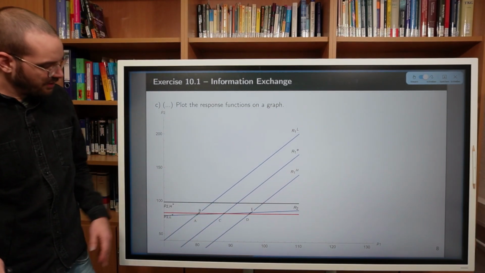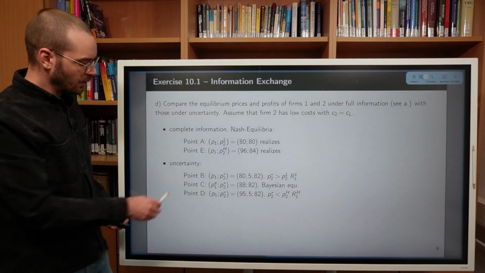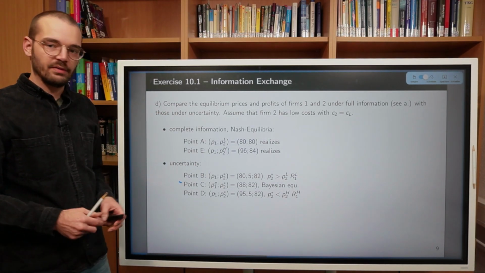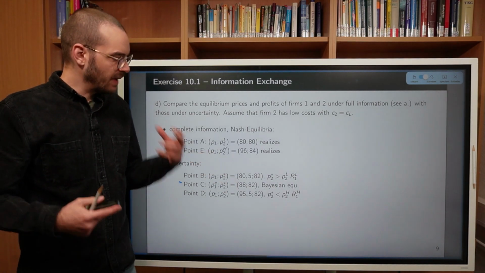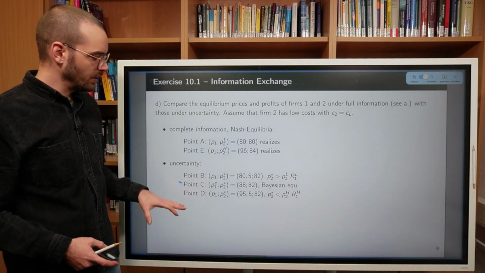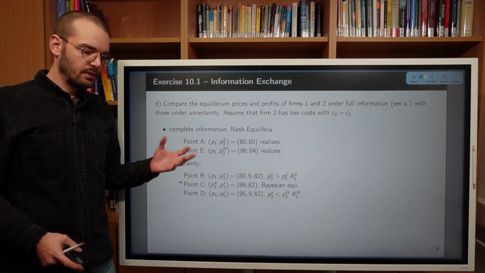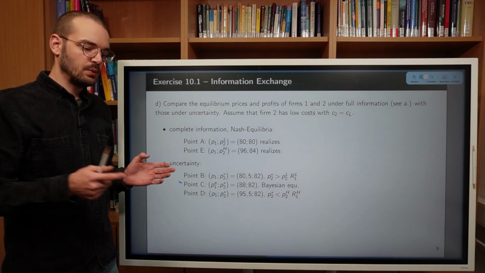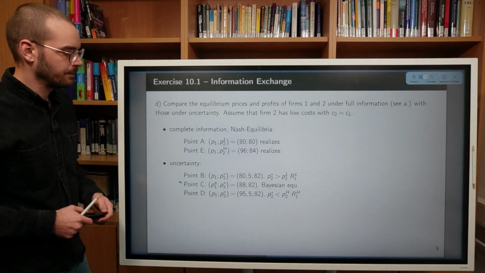Then there is one final equilibrium under uncertainty, which is point C, which we have talked multiple times about by now, which is a Bayesian equilibrium, meaning that this is the equilibrium considering that both states of the world, C1H and C1L, realize with 0.5 probability.